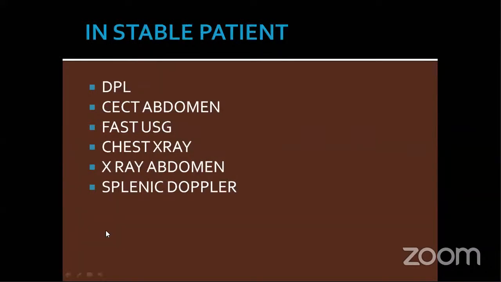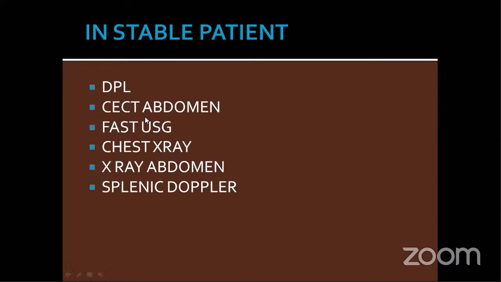Okay, so in case of a stable patient, suppose the patient is stable, you can do your investigations. One is diagnostic peritoneal lavage, or CECT abdomen, contrast CT abdomen, which will also tell the extent of the injury and the vascularity, any other associated injuries. Suppose you don't have CT facility, you can go ahead with the FAST ultrasound.